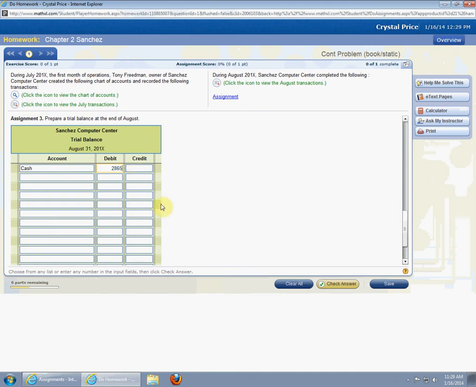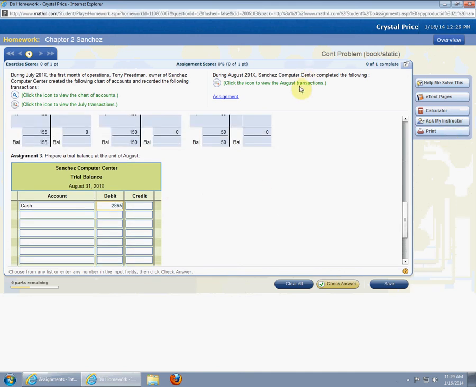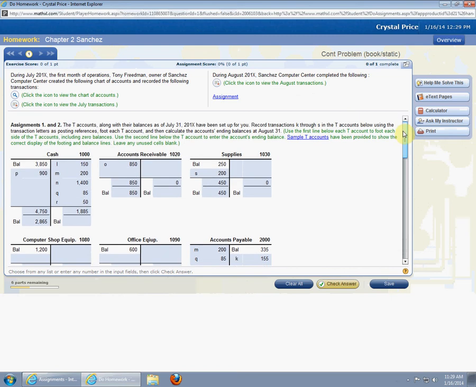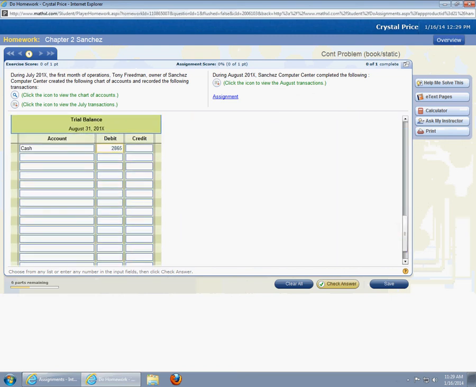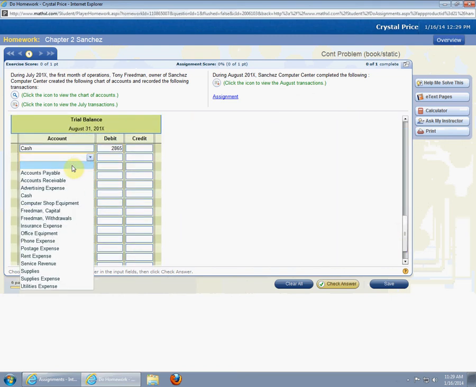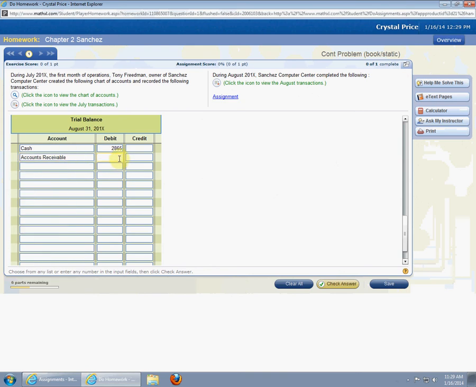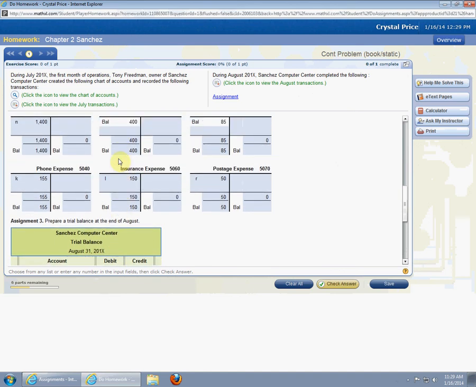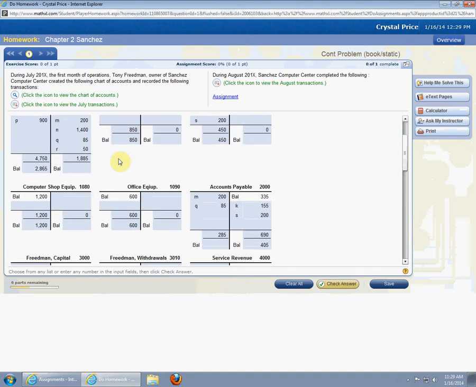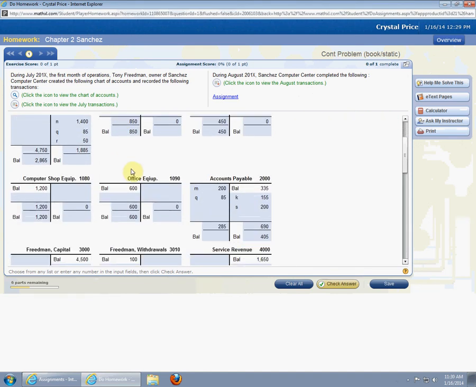Okay. Then you take your next one, which was accounts receivable, $850. And that's a debit balance. So be careful as you go through, because when you get to liability, make sure that balance is on the credit side. So be sure you're putting them on the correct side. Next one, supplies, $450.